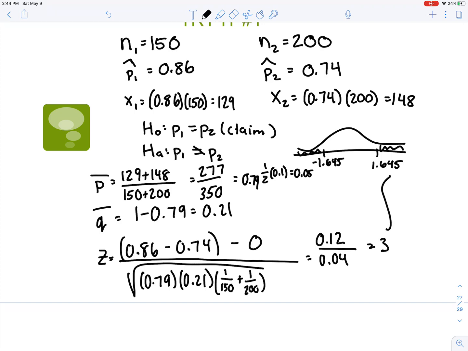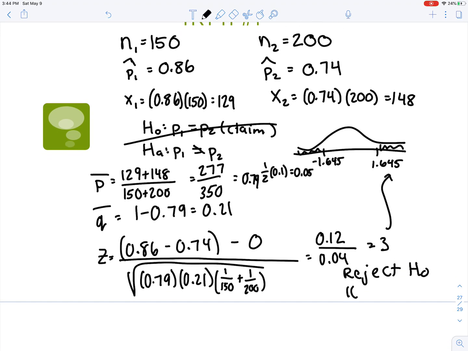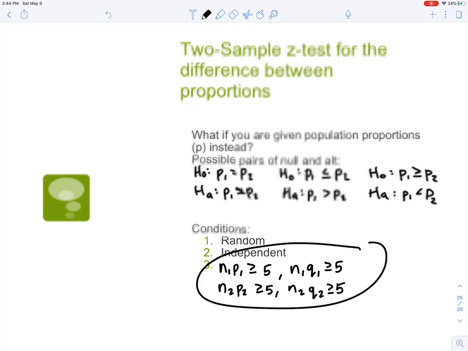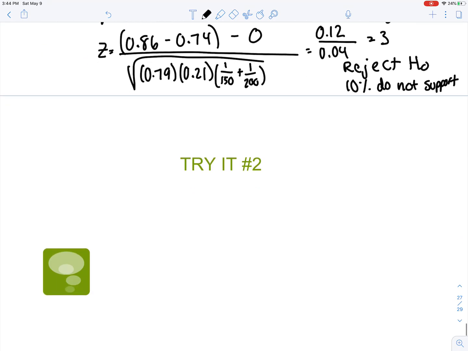Gives me about 3. So that does put me in the rejection region. So I reject H sub 0 and at a level of significance of 0.1 or 10% do not support the claim because I just threw it out. Oops.